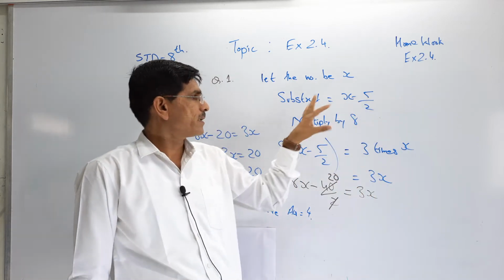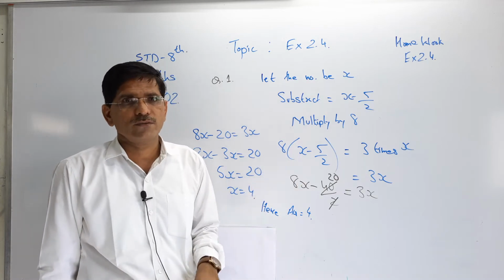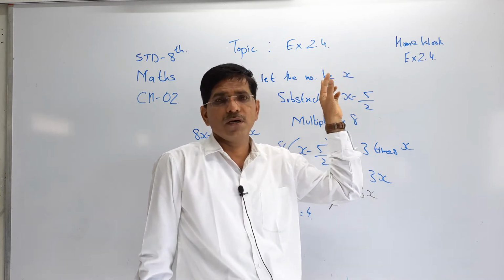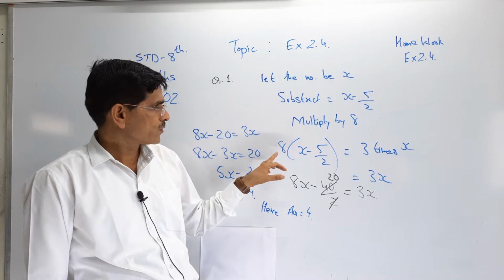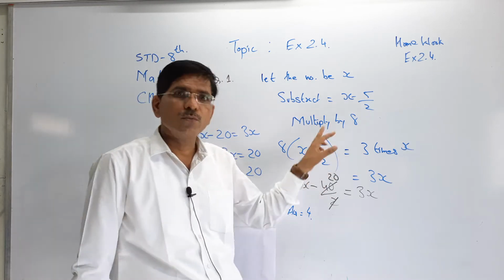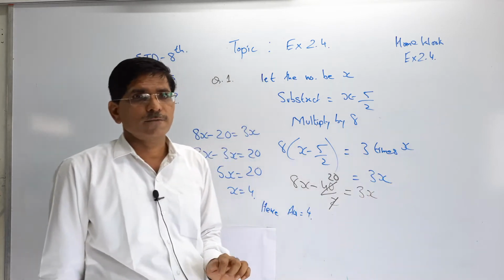Again the result is multiplied by 8. So I have to write 8 in bracket x minus 5 by 2. Now the result is 3 times the number, that is 3x. So 8 in bracket x minus 5 by 2 bracket over is equal to 3 times the number.